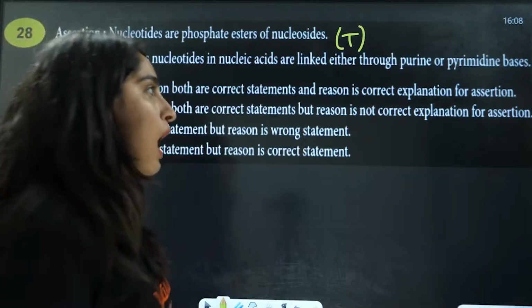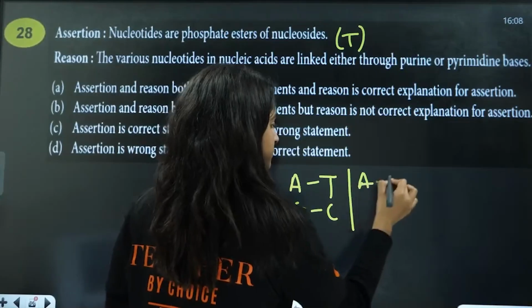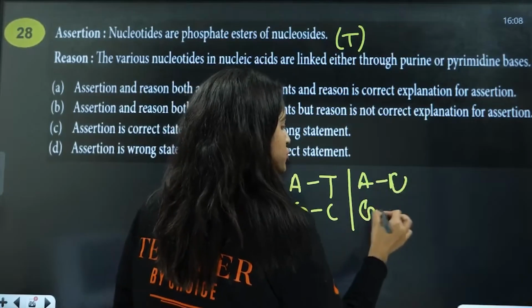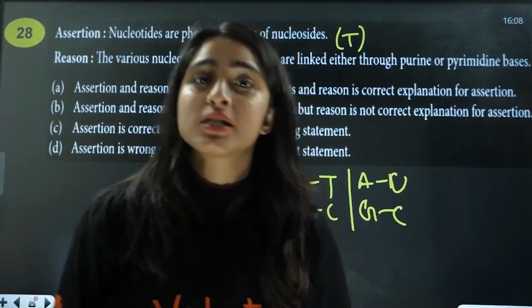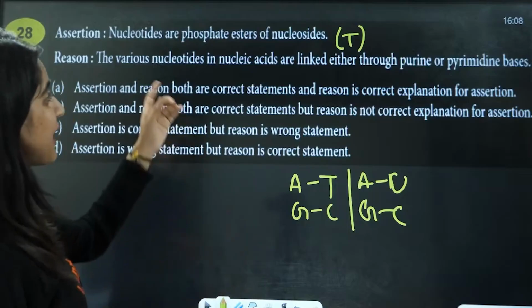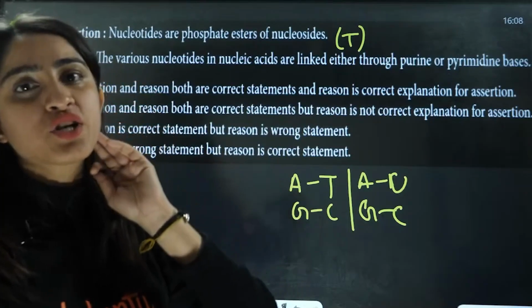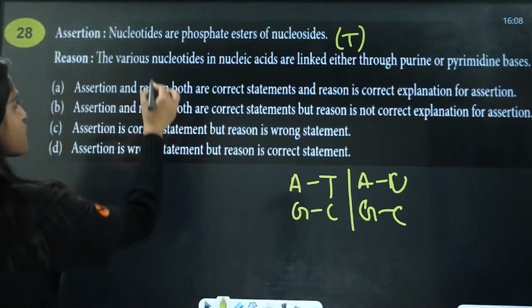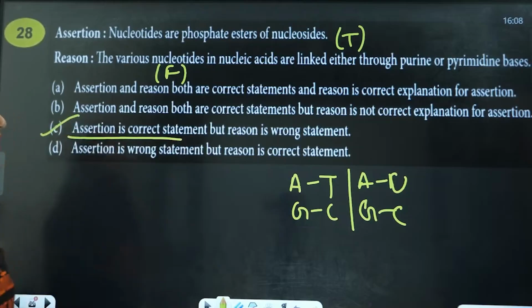They are hydrogen bonded to each other for joining to form the double helix structure. But if we say the nucleotides are linked to each other by these, no, they are not. They are linked to each other by the phosphate groups here. So this is the false statement. So the assertion is true, but the reason here is wrong. Yes, everyone.